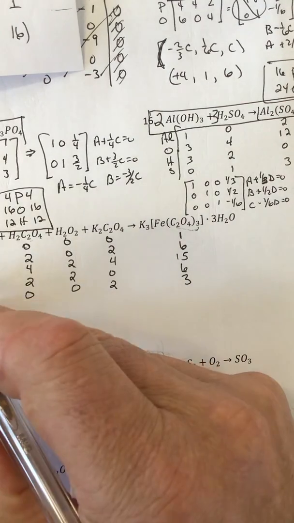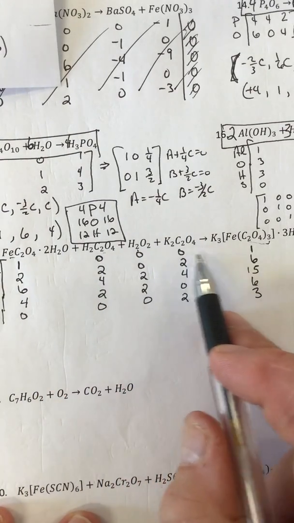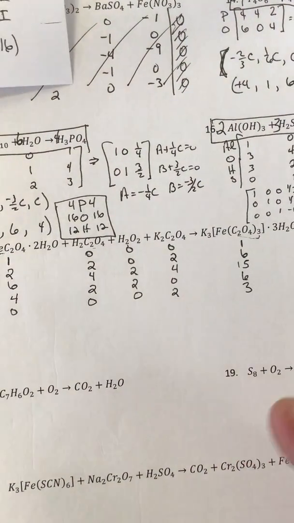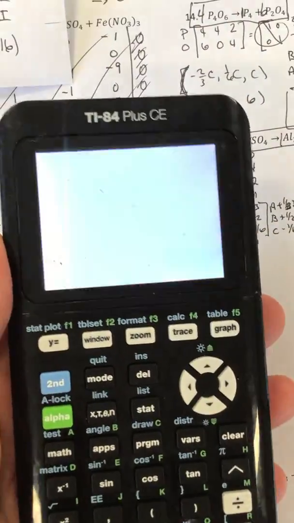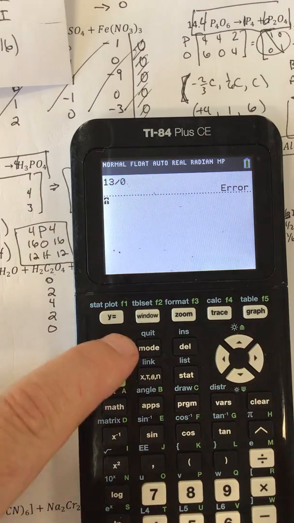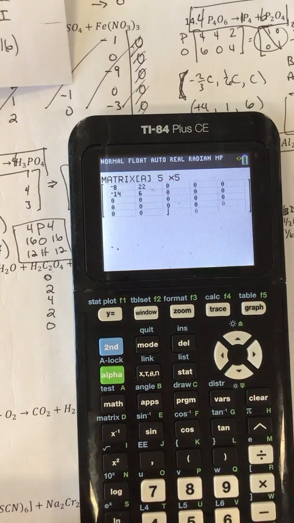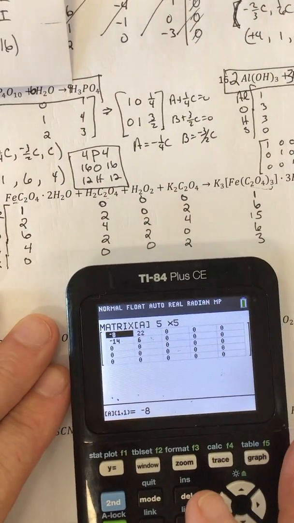Okay, is that everybody? 1, 2, 3, 4, 5. We have 5 elements and 1, 2, 3, 4, 5. So it looks like we've got a 5 by 5. Okay, well let's see what happens with that. So that 5 by 5, let's put in all of those numbers.